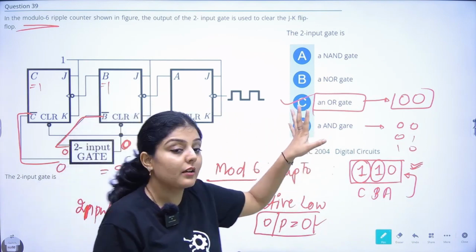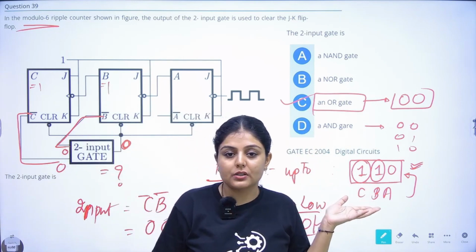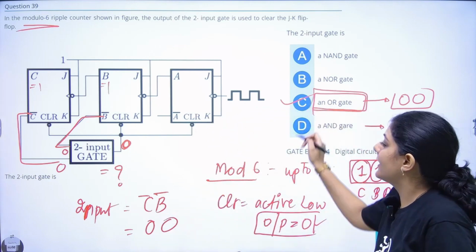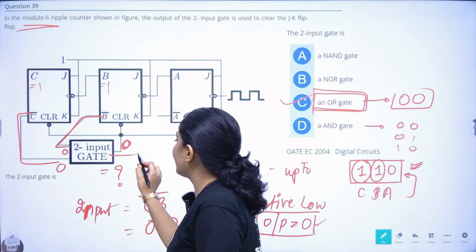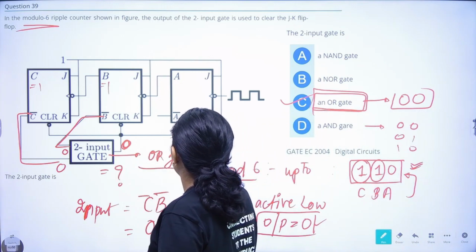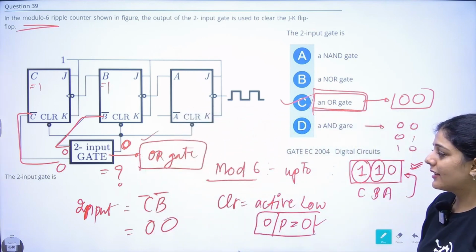We just want the output to become 0 when both the inputs are 0, and no other cases. So it is dedicatedly an OR gate. So this 2-input gate is nothing but an OR gate. Clear?